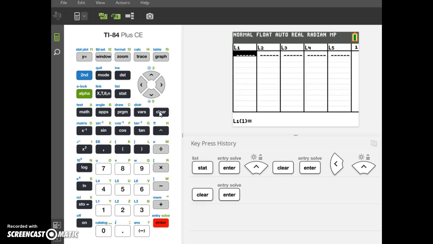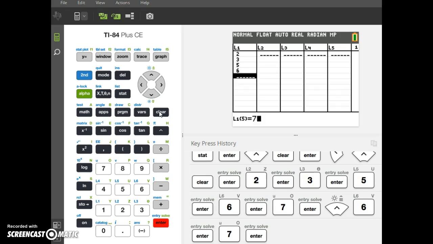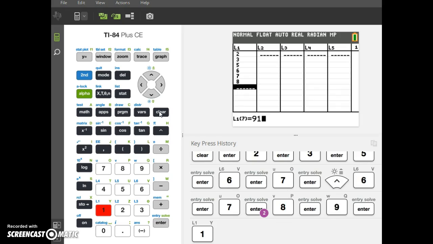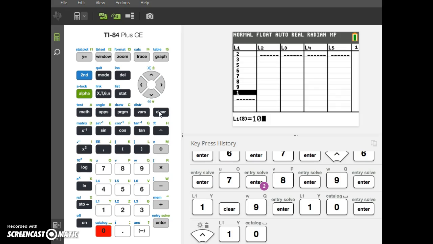So in list 1, we're going to do 2, 3, 5, 6, 7. No, 6 and 7. There we go. 8, 9, 9, and 10. Let's try that again. 10. All right, my keyboard's not registering very well.